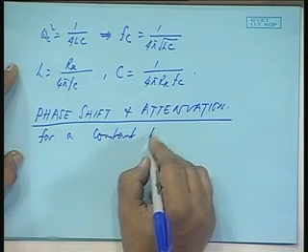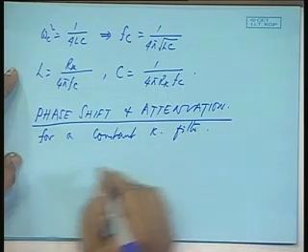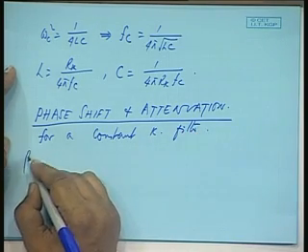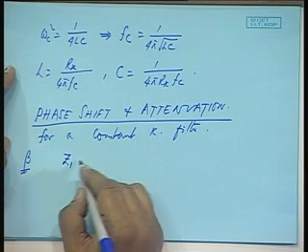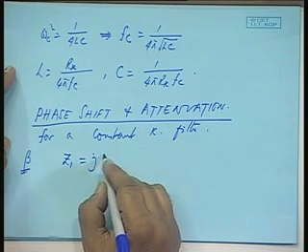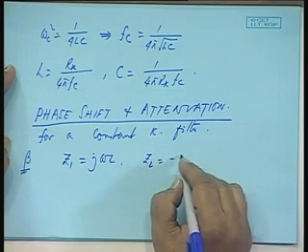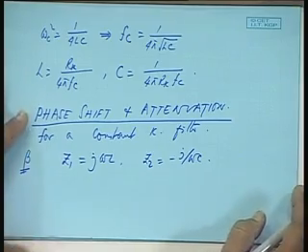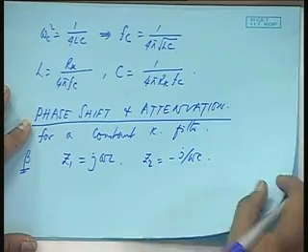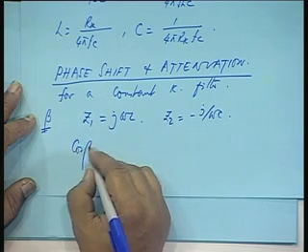Phase shift beta, if you want to compute, Z1 is j omega L and Z2 is minus j by omega C. You are taking the low pass filter, then what will be cosine beta?